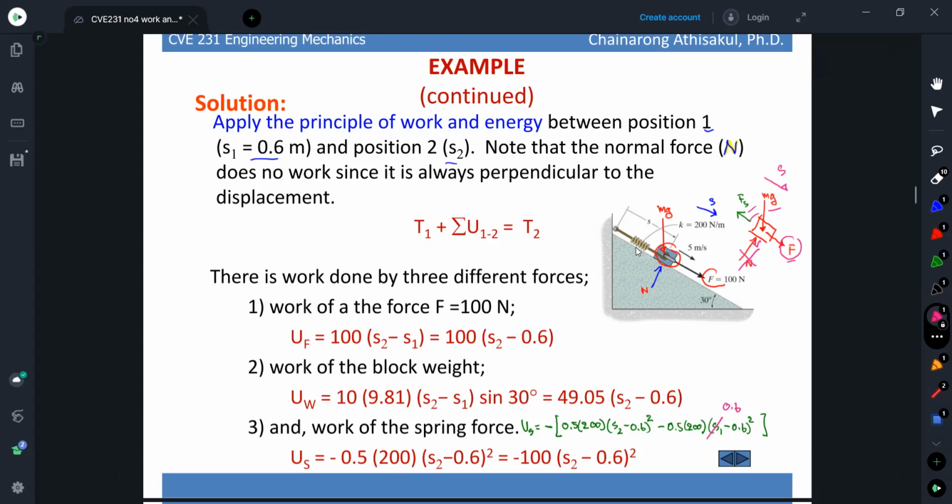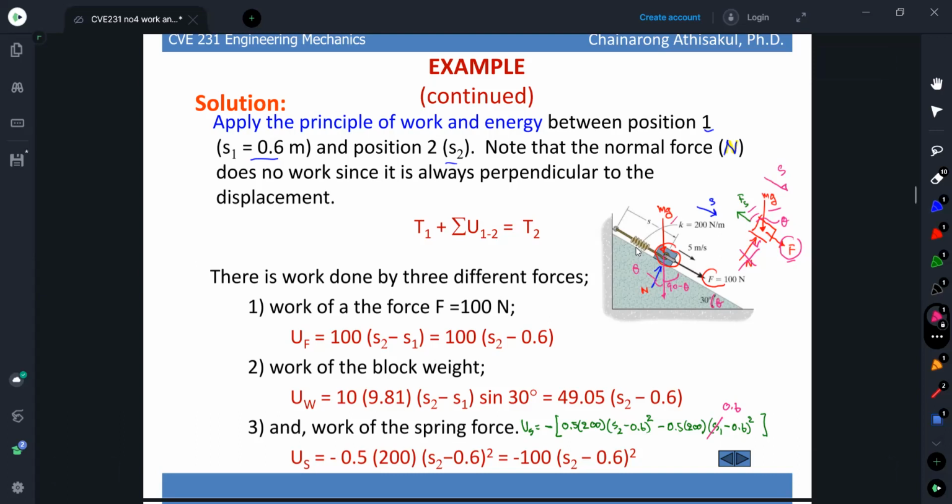With the angle theta here, the component along the displacement is mg sine theta, since the other angle is 90 minus theta.